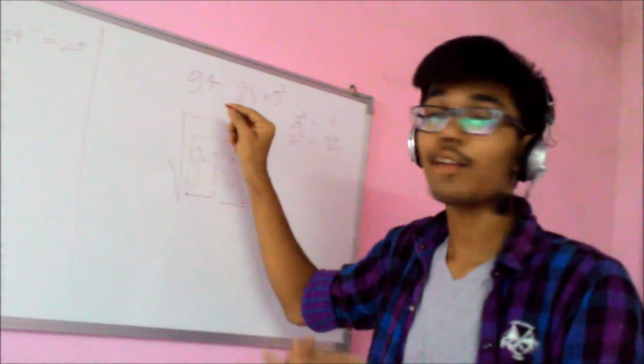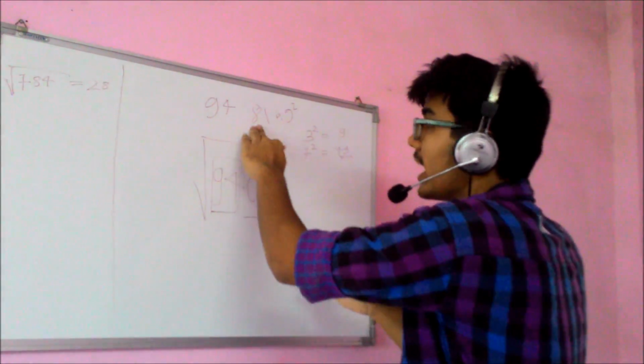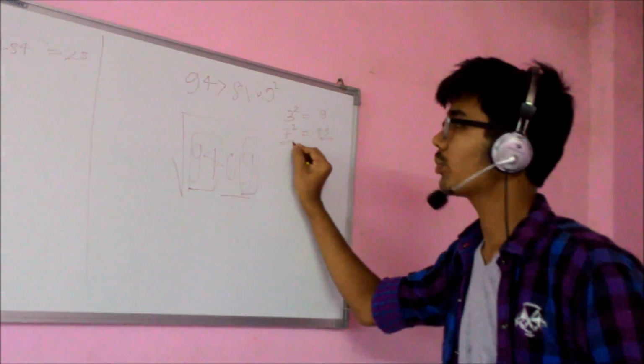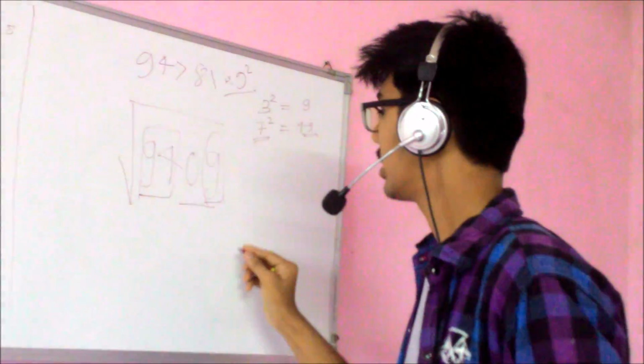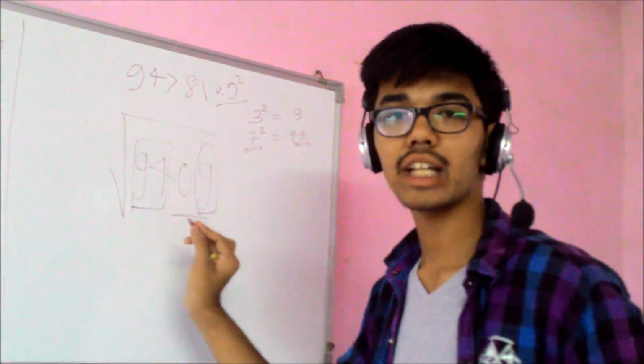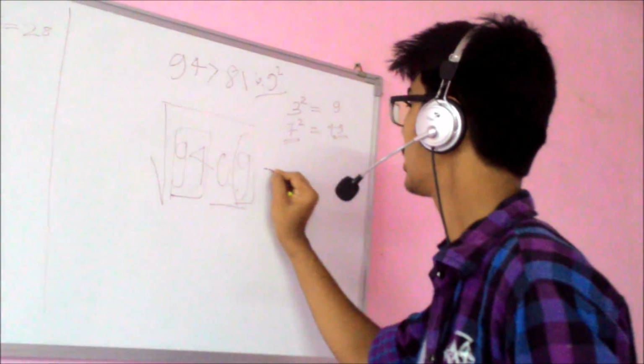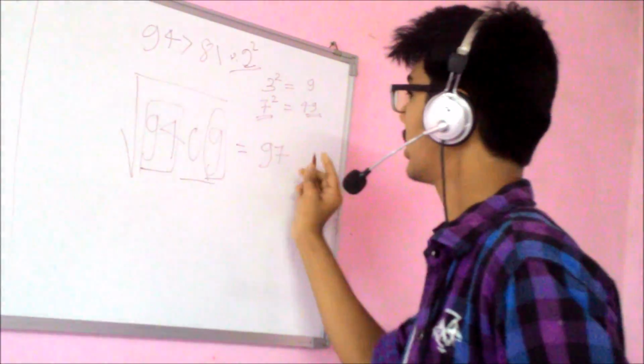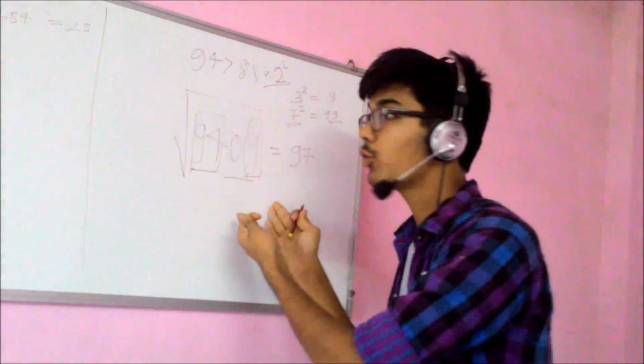As 94 is greater than 81, we take the greater number from this and this 9. So the square root of 9409 becomes 9 from here and 7 from here. That is the square root of 9409.